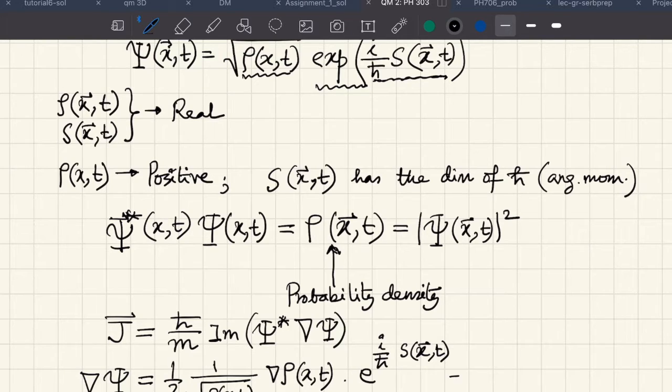In the second term, when the gradient operates on the exponential part, I get i by h bar times the gradient of the function S of x,t, and whatever remains is square root rho of x,t times exponential i by h bar S. So this is nothing but your psi of x,t.